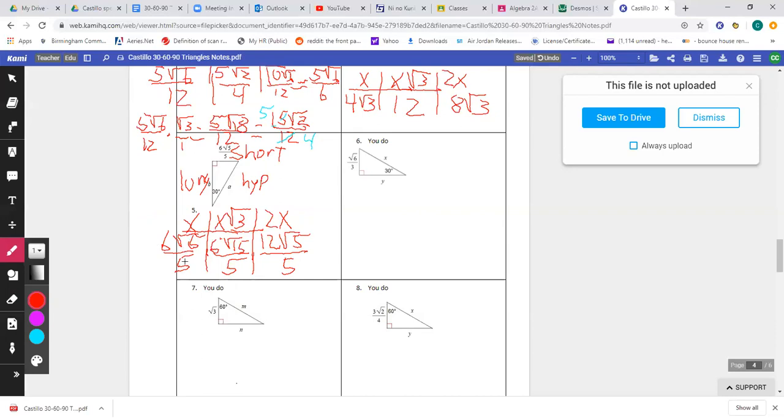So once again, if you know this short leg, all you have to do is just double it. See how this is 6 root 5 over 5? You just multiply it by 2 and you get 12 root 5 over 5. These two on the left and the right should be super easy to get. The only one you have to really sometimes work at is this middle one. Okay, but this middle one was really easy in this problem too, because if you just multiply 6 root 5 over 5 by root 3, you get 6 root 15 over 5.